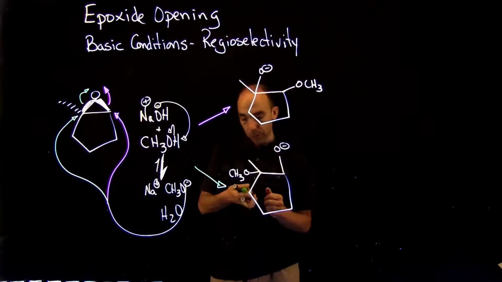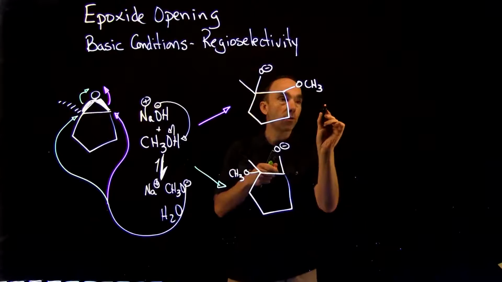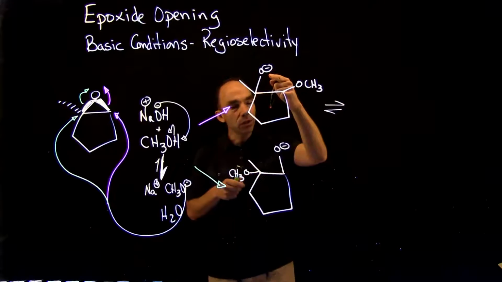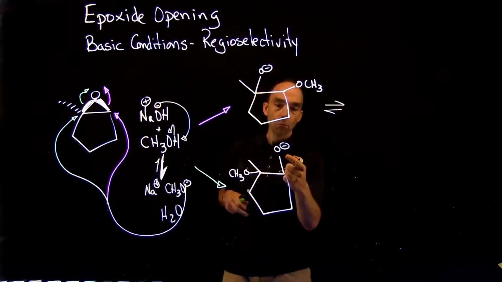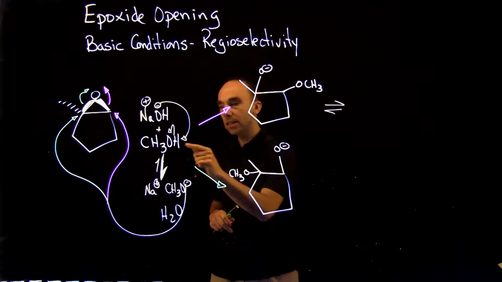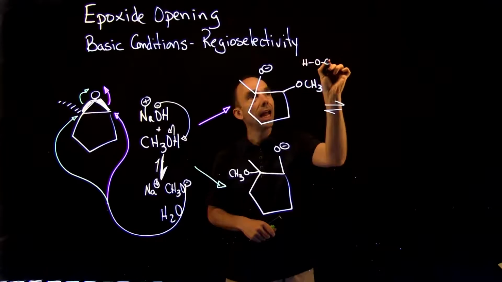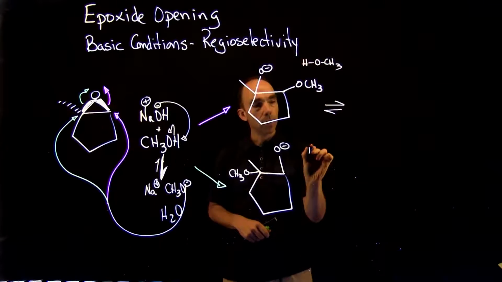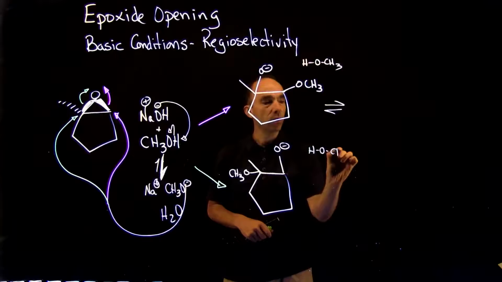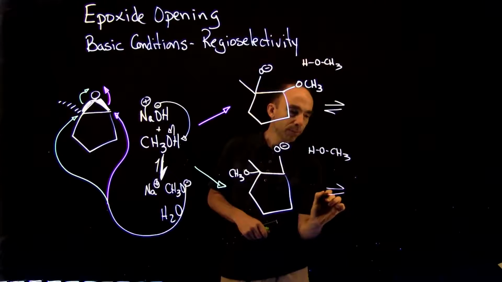The following step, which is reversible, is the protonation of the alkoxide of both intermediates by the methanol. Methanol is the most important, or highest concentration, proton donor in solution.